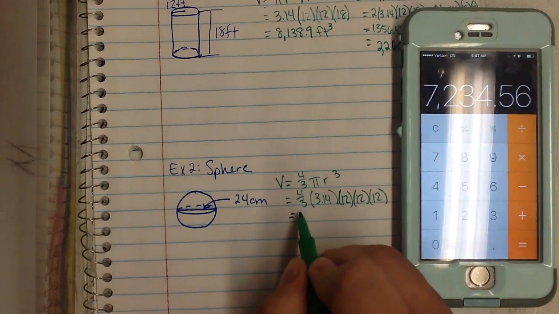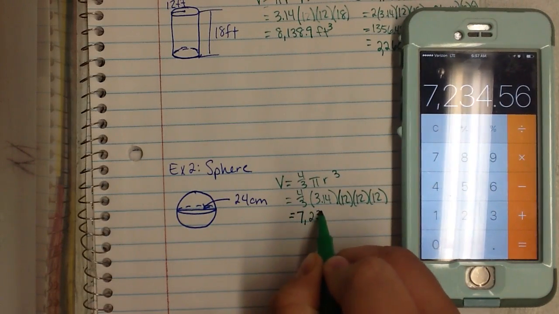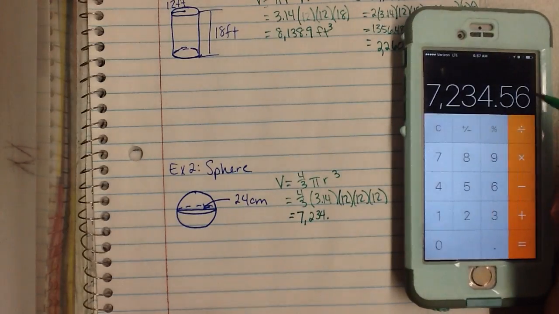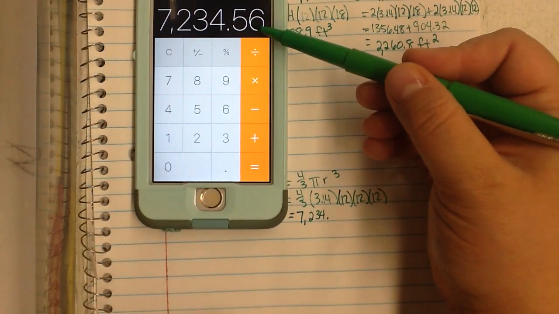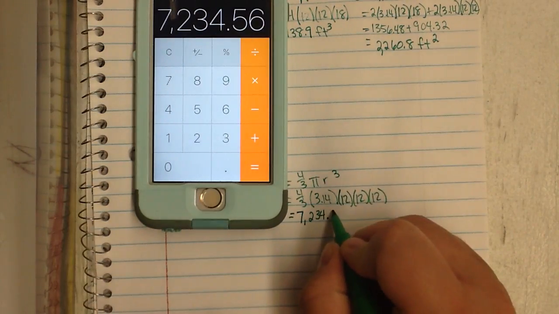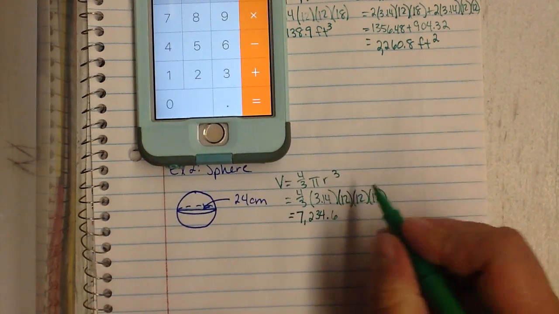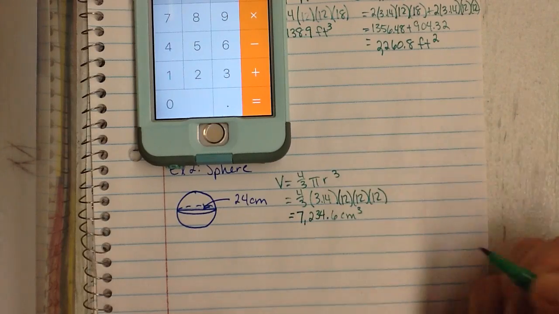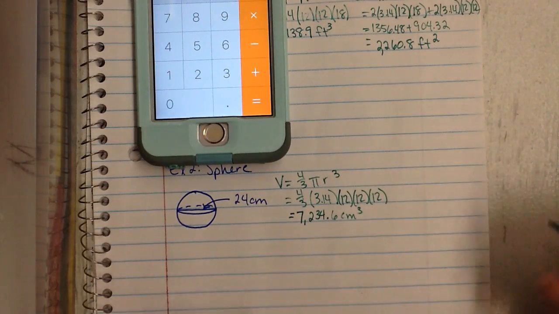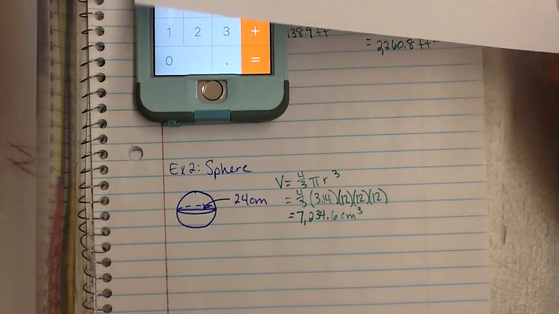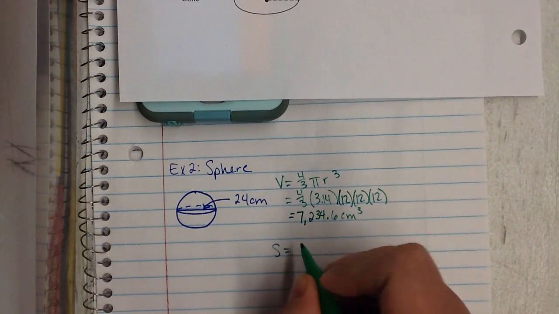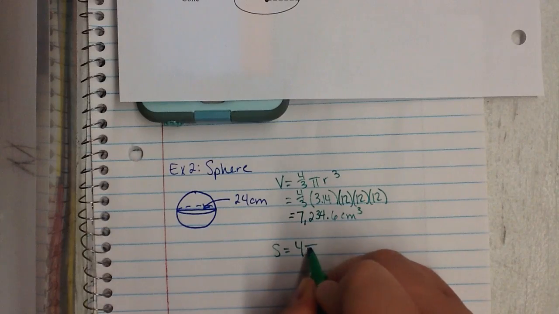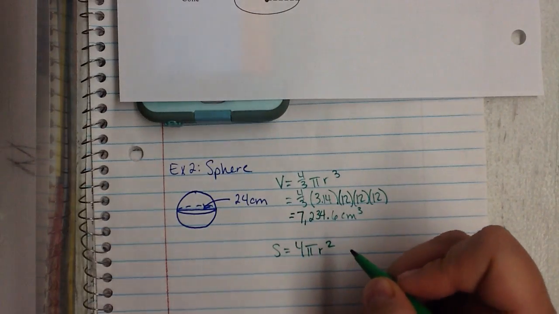equals 7,234.6, because the digit after it is 5 or greater, the 5 rounds up to 6. It was centimeters cubed. Then I'm going to do it again for surface area. S equals 4 pi r squared.